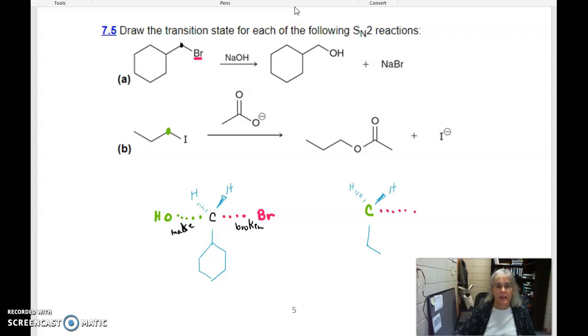Those dots mean that it's being broken or being formed. It's not a full bond. It's not a real bond. And on this side, we have dots. We've got an oxygen, and that oxygen is attached to a carbon. It's attached to a carbonyl. So that would be the transition state. The dots are showing that those are not full bonds, they're being made and broken.